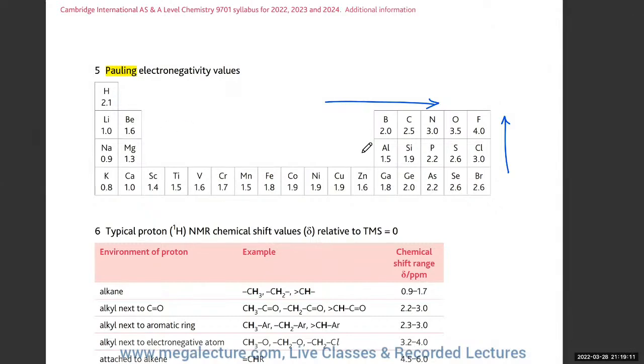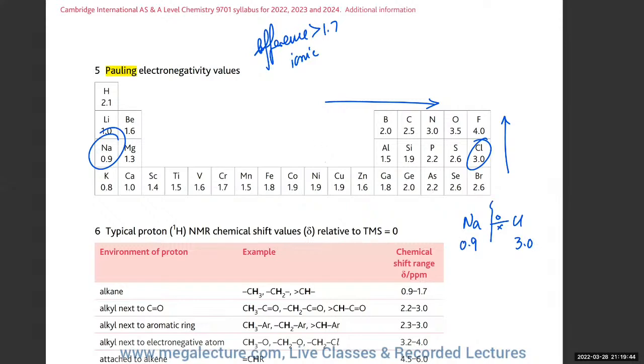Now, remember, if there's a huge difference in electronegativity values, if the difference is greater than 1.7, then the compound is going to be ionic. If I take Na and Cl, Cl has an electronegativity of 3. Na has an electronegativity of 0.9.